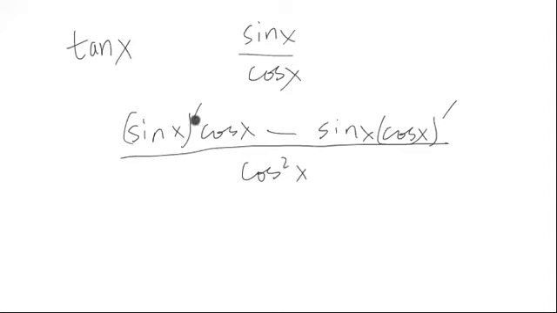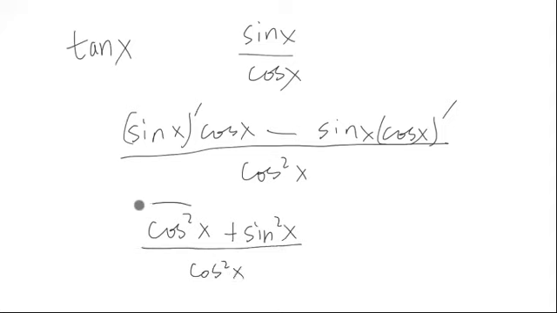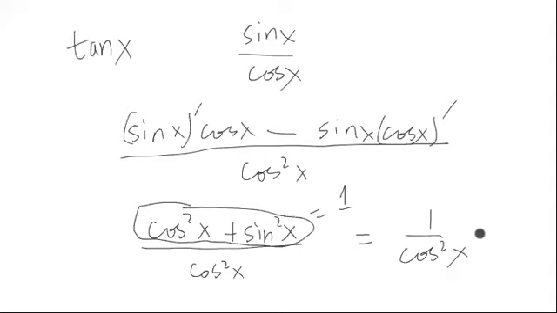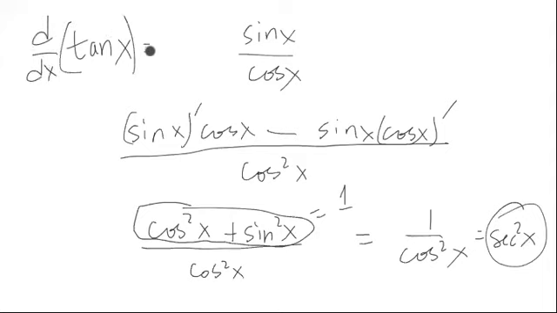Derivative of sine is just cosine, so we get cosine squared. Derivative of cosine x is negative sine, so we have a negative negative, so plus sine squared, all over cosine squared. Notice that there's an identity: this is equal to 1. So we end up getting 1 over cosine squared. Another way of writing that is secant squared. So the derivative of tangent of x is equal to the secant squared of x.